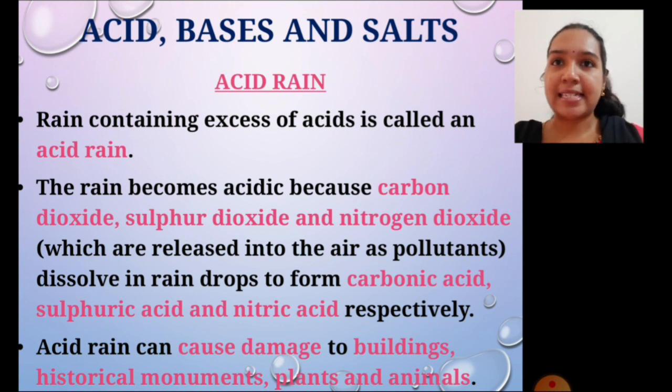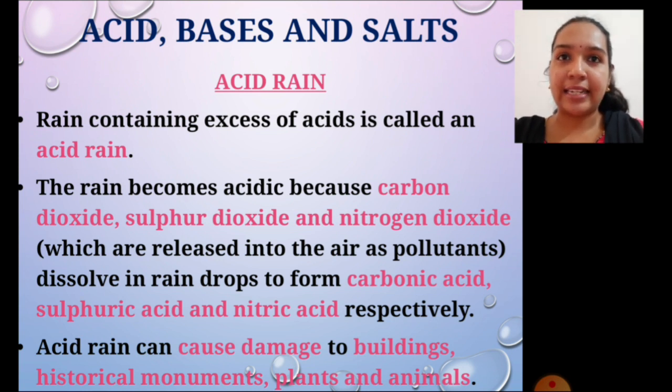On a pH scale, rainwater is usually slightly acidic. Usually a pH value between 5.0 and 5.5 is the pH value of rainwater. But if rainwater contains excess of acids, then it is called an acid rain.